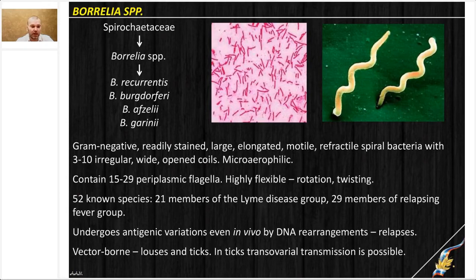And that bacteria accounts for 15 to almost 30 endoflagella, and bacteria is highly motile by twist and rotation movements. And bacteria is classified into 52 species, but usually they all are divided into two major groups.